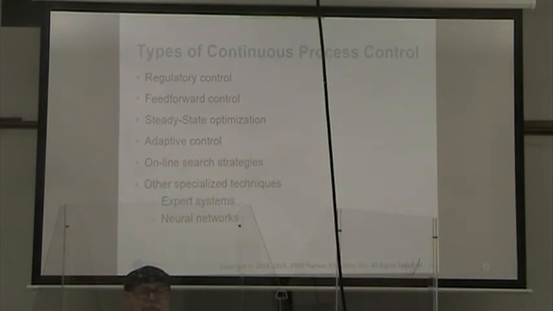That's one I'm not familiar with. I mean, I'm familiar with online searches. So, do we have expert systems and neural networks. Expert system, you should remember talking about that in human factors from last spring.